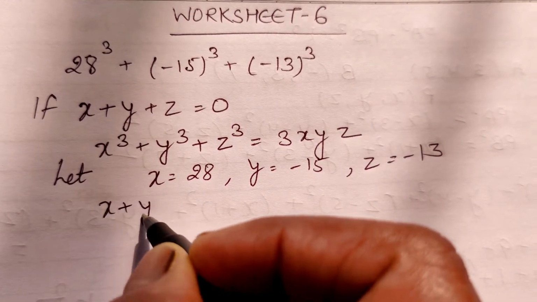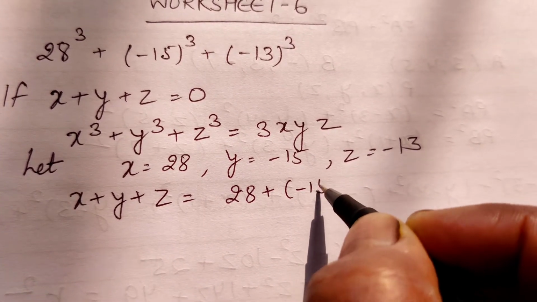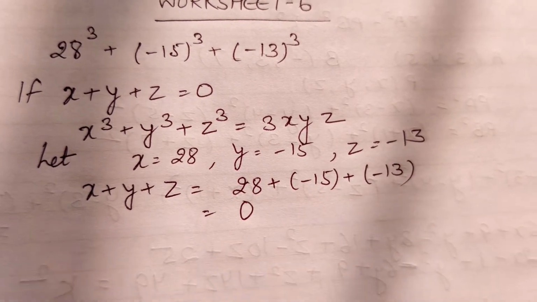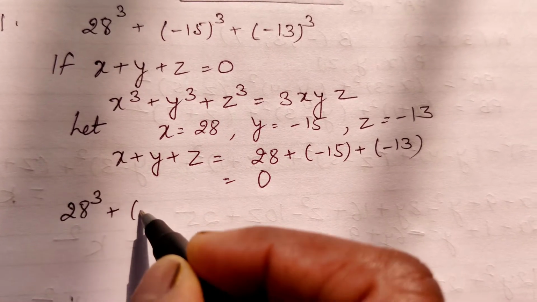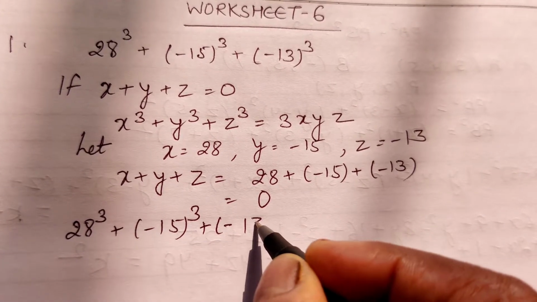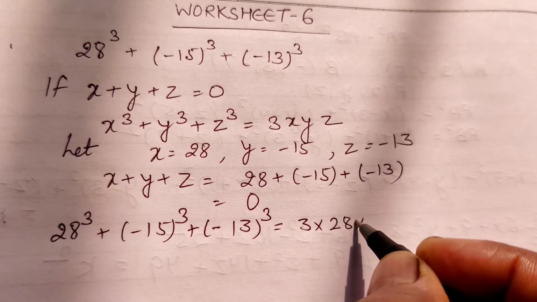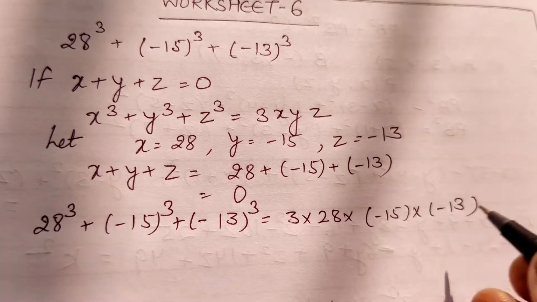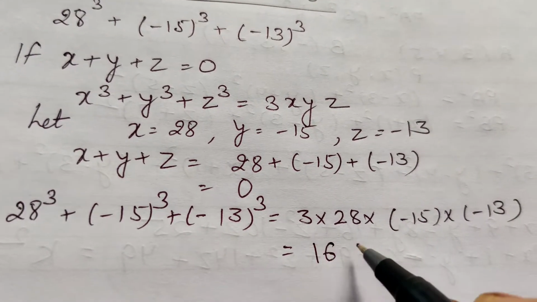If x plus y plus z equal to 0, then the value of 28 cube plus (minus 15) cube plus (minus 13) cube equals 3 into 28 into minus 15 into minus 13, equal to 16,380.